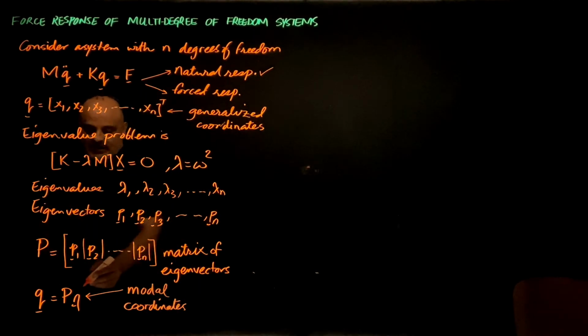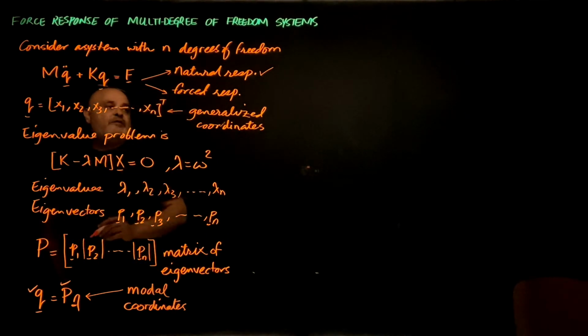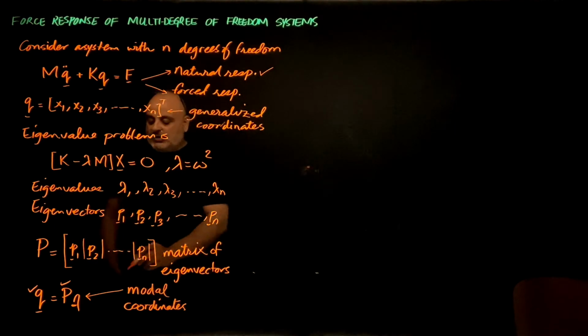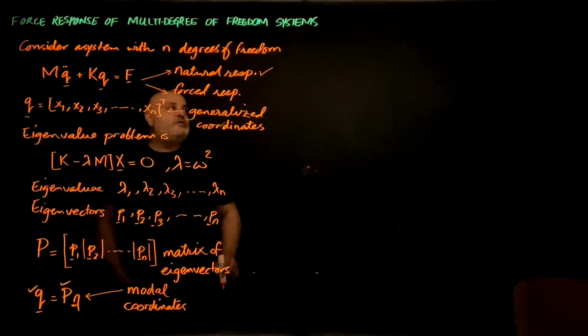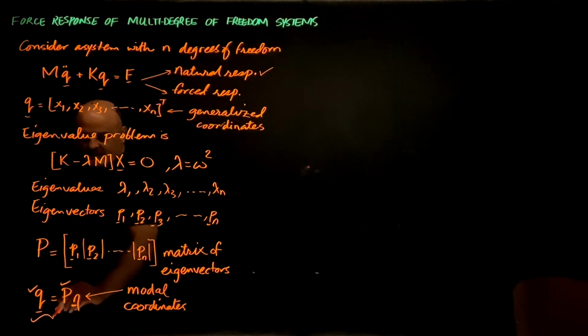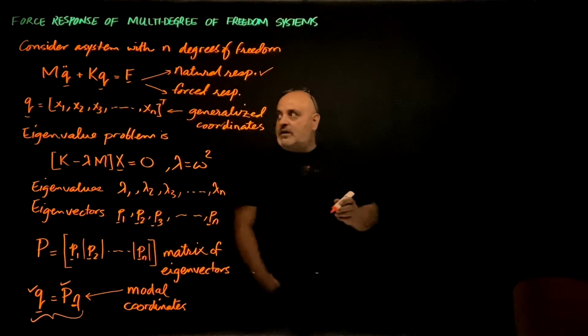So now I have this transformation. I have my generalized coordinates. I have my matrix of eigenvectors, which I can determine from the eigenvalue problem associated with the system, and I will define this transformation. Now, let me take this and substitute into the equation of motion.